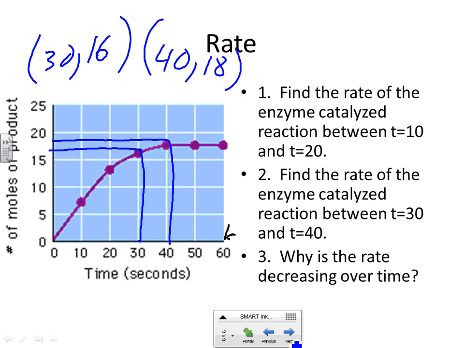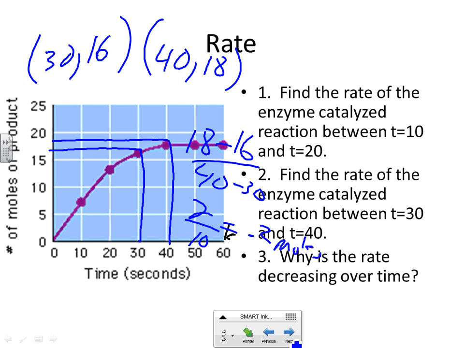So change in y, 18 minus 16, over change in x, 40 minus 30. So we're at 2 over 10, or 0.2 moles per second. And we can see that the rate is going down pretty quickly as we go longer in terms of time.